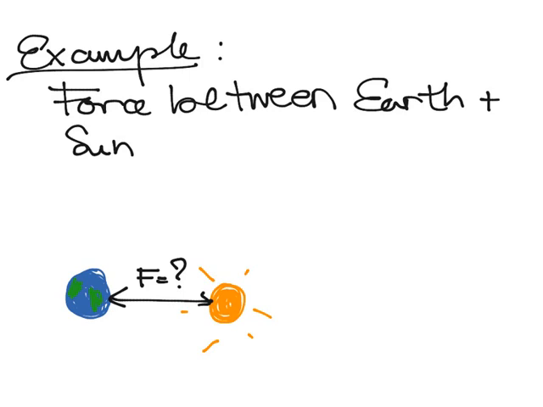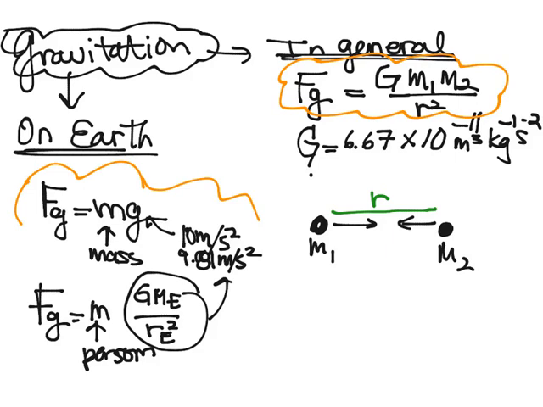So you need to find the mass of the Earth, the mass of the Sun, and your distance, which I'm going to call RES, the radius between the Earth and the Sun, the distance from the Sun to the Earth. Take a minute, look those things up, and try to plug them into that monstrous equation, F equals G m1 m2 over r squared, and you will be able to calculate the force between the Earth and the Sun.